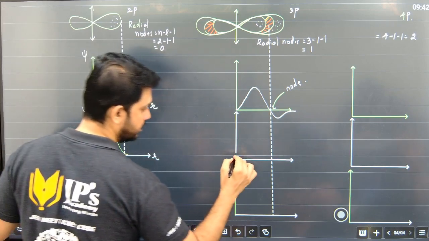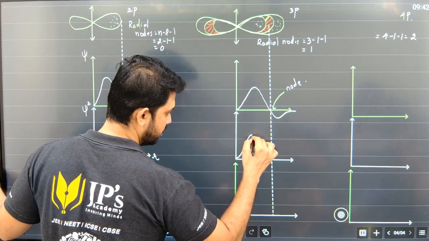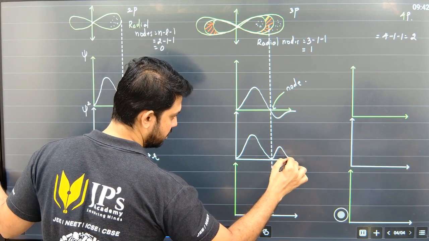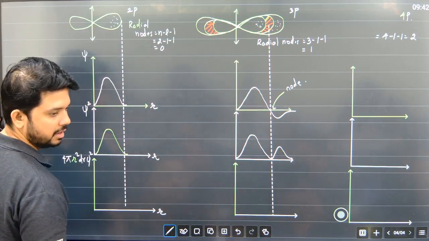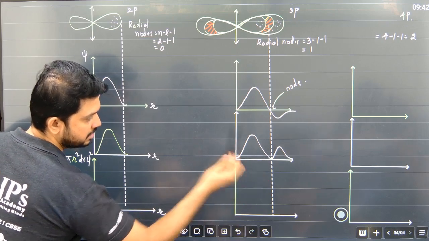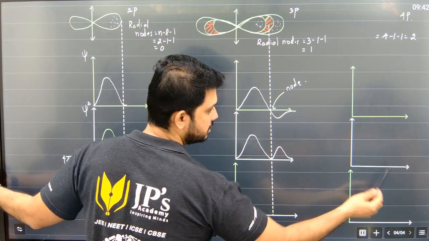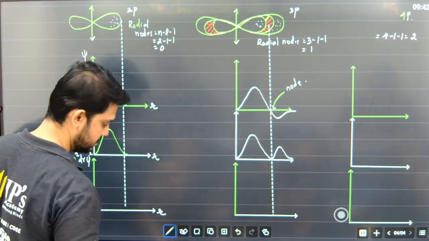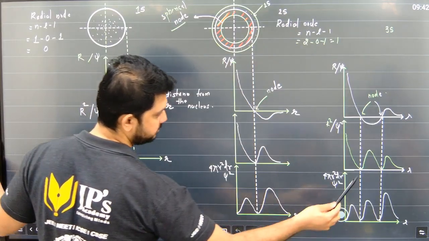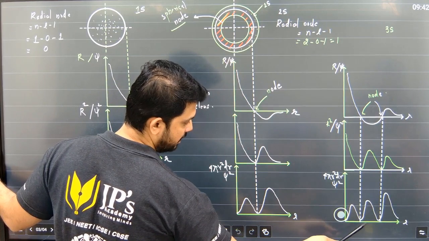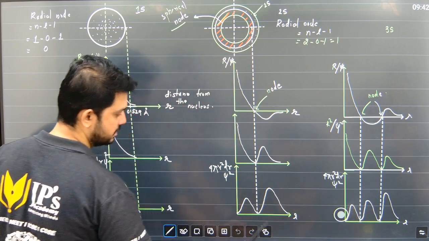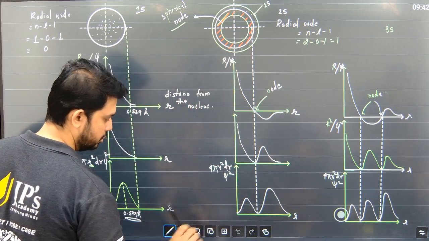But here, one node, how many peaks? 2 nodes, how many peaks? We can actually observe that here also. How many nodes? 2 nodes, 3 peaks. 1 node, 2 peaks.